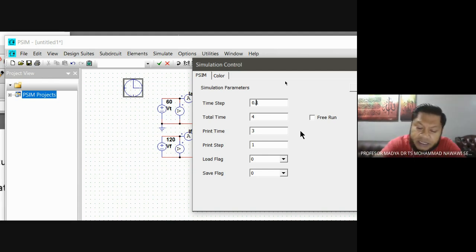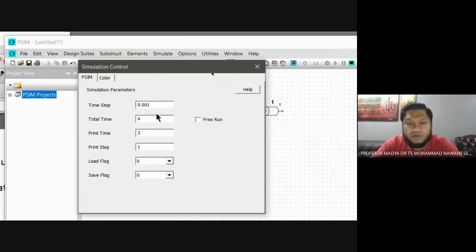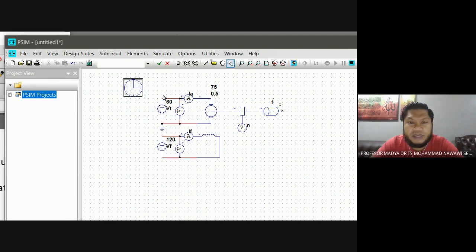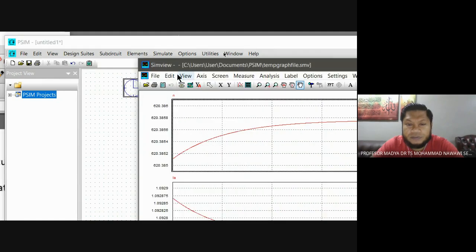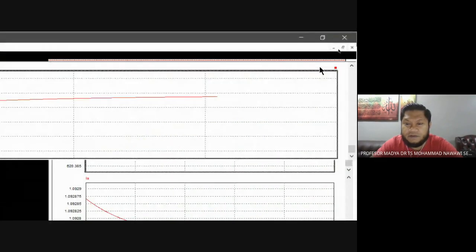So in this case, I can put 0.01 instead of 0.001. I'm going to try with 0.01. Okay, so run again. Run transmission control. Now let's have a look.